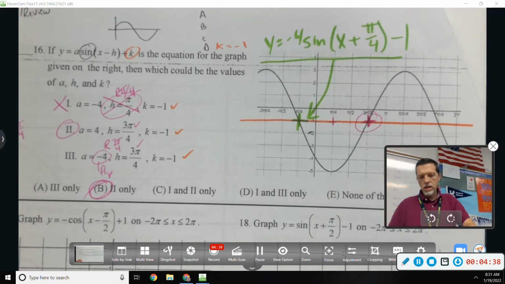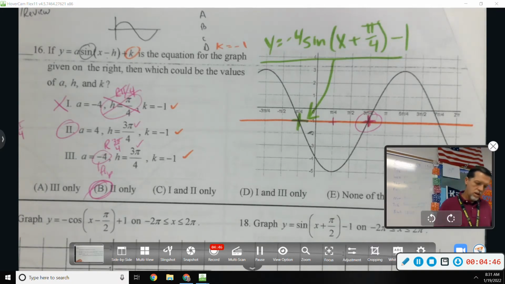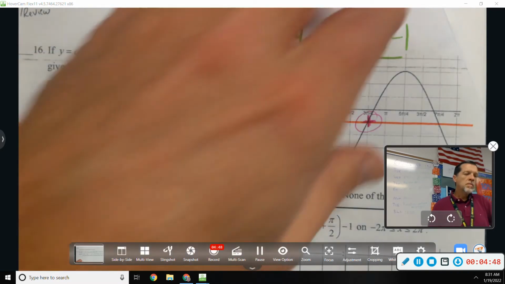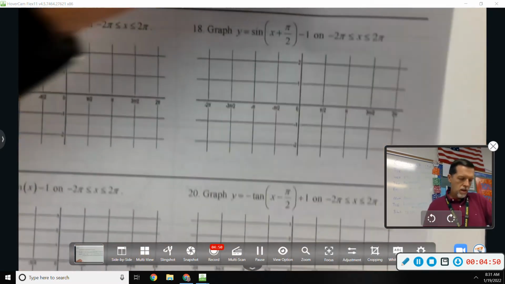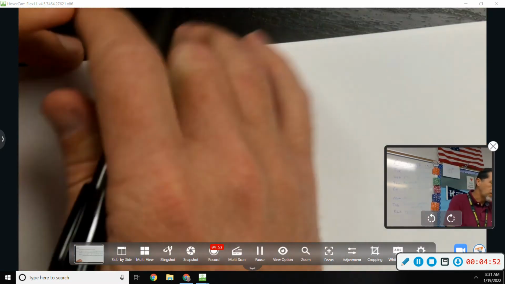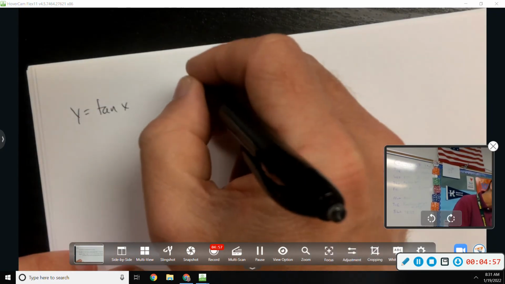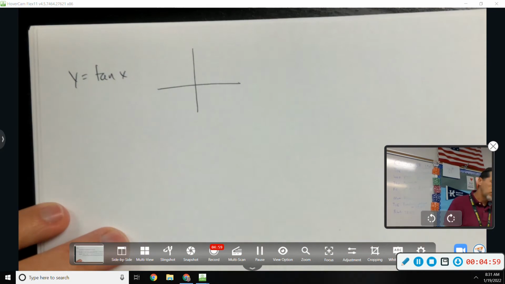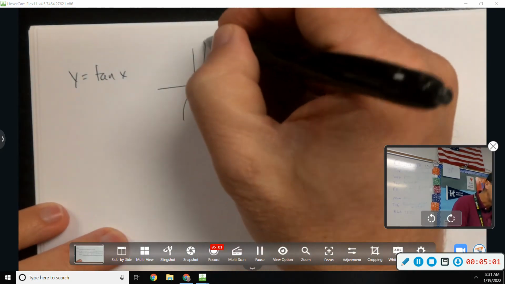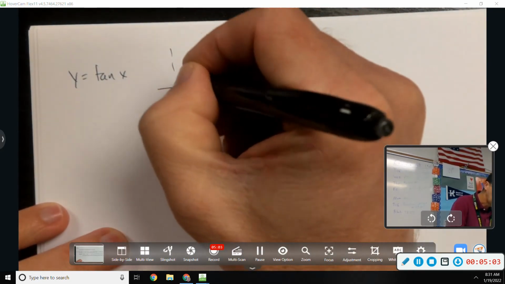So why is it that when you have your normal tangent graph, it goes to the middle, but cotangent is to the left and not to the middle? Okay, tangent versus cotangent. That's a good question. So the question was, tangent looks like this, and has asymptotes at pi over 2.